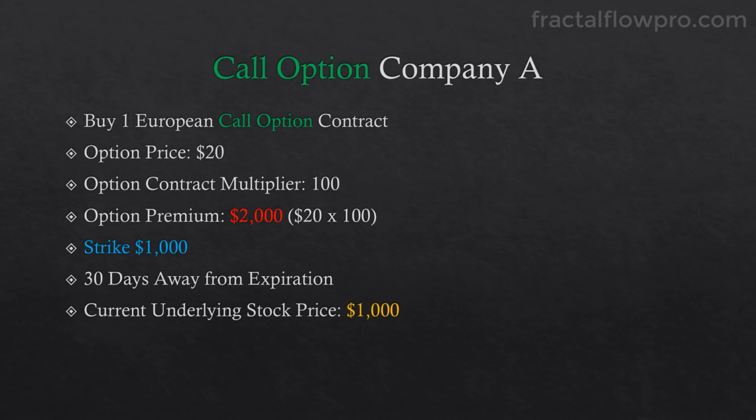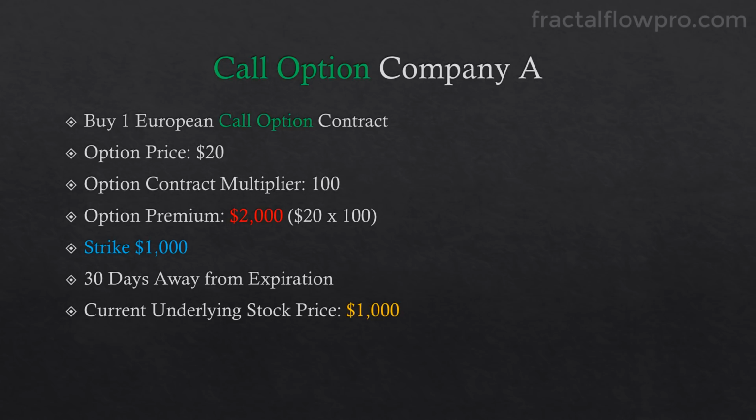Since we are buying a European call option, that means we are buying the right to buy the underlying stock at the expiration date, which is 30 days away, at a fixed price of $1,000, which is the strike price of this call option. In other words, if we buy one call option contract in this configuration, we will have the right to buy 100 shares of the underlying stock at $1,000 per share at the expiration date, regardless of the underlying stock price at that time.